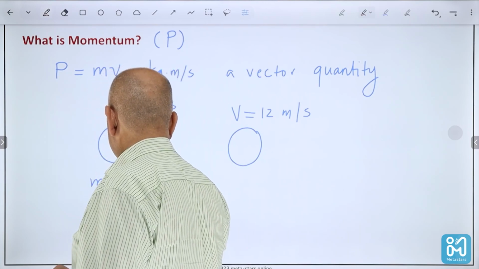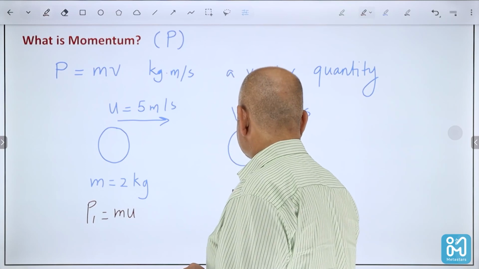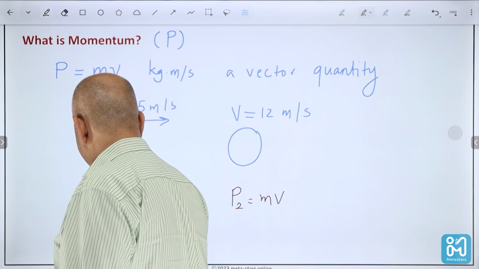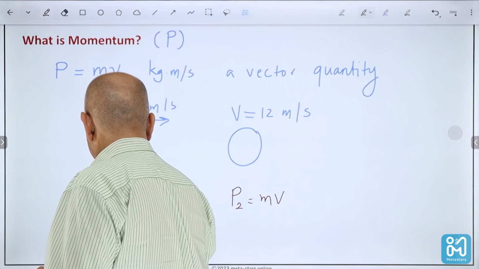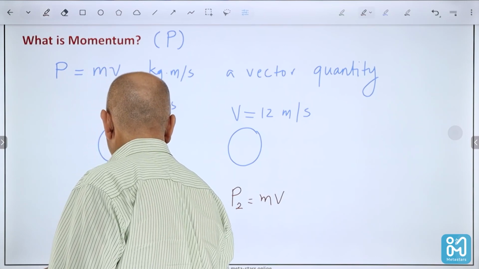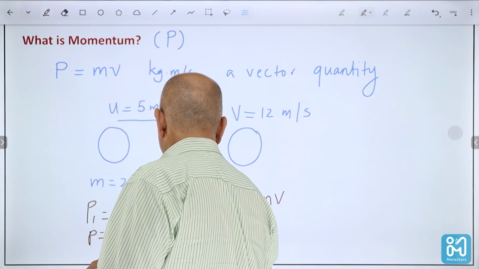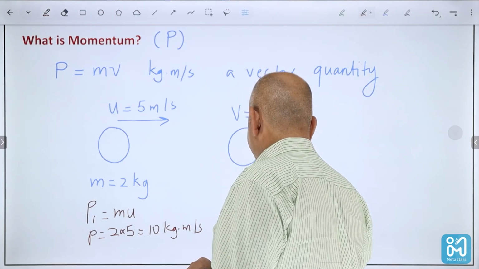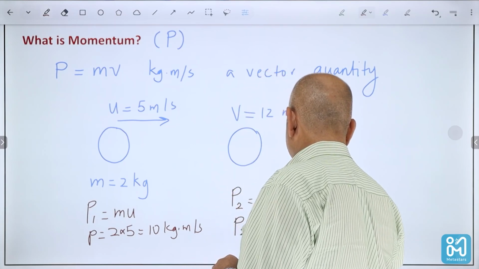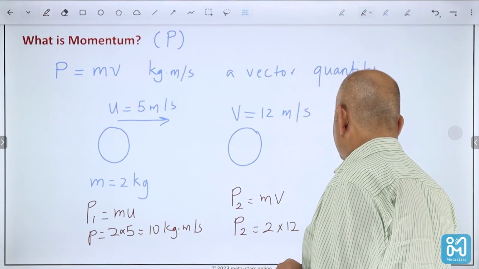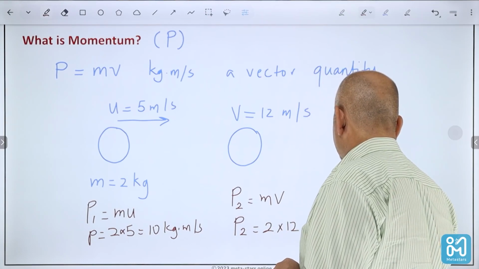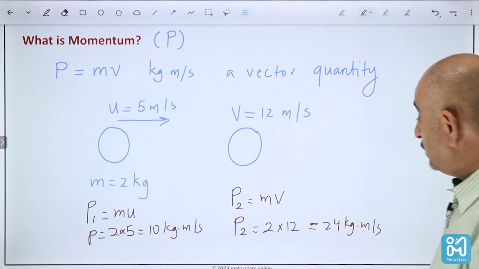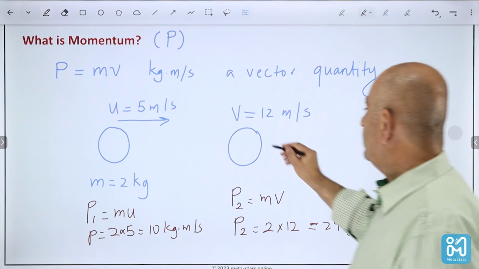Momentum was mu, and finally momentum became mv. If you calculate the initial momentum, it's 2 times 5, which is 10 kilogram meters per second. And the final momentum is 2 times 12, which is 24 kilogram meters per second. There is an increase in momentum.